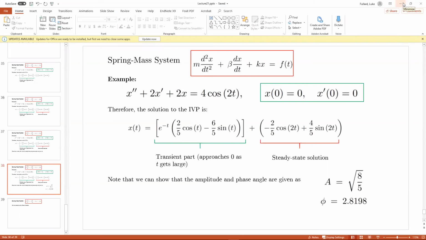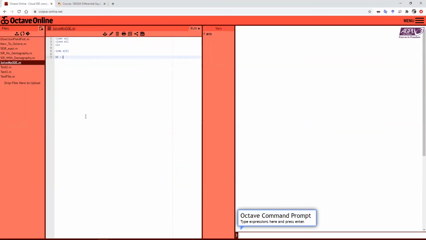Okay, so let's enter our differential equation. To get the second derivative, I'm going to write diff. I want to differentiate x with respect to t 2 times. So this term represents the second derivative of x with respect to t.